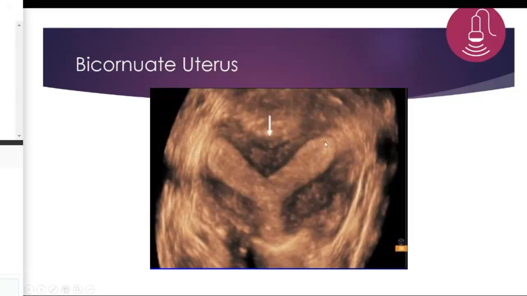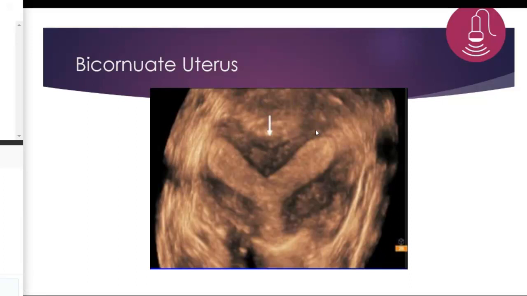So bicornuate uterus, so we can see those two endometriums splaying out and then eventually converging into the one canal. And then we have that dip in between them. So classic heart-shaped bicornuate uterus.